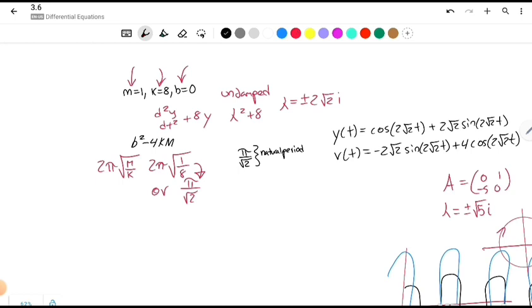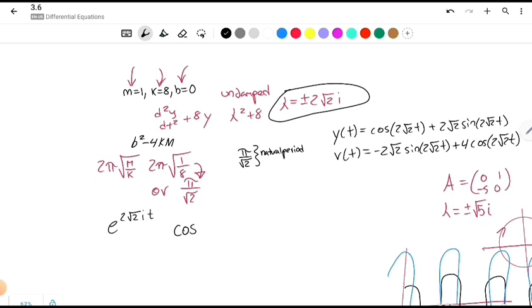Another part of this question was to find a general solution for y of t and v of t, because you eventually want to get a y of t versus v of t graph. To do that, we would take this eigenvalue, and we're going to use the positive one. There's no real part, so let's go ahead and use Euler's.